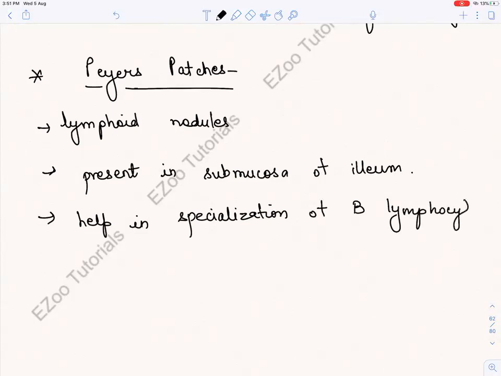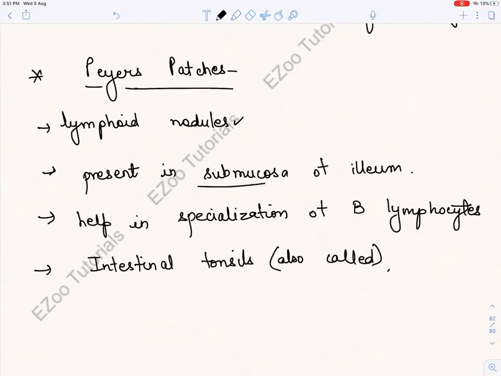Please note it down in your notebook. Since they are lymphatic nodules, like the pharyngeal tonsils we have already done, they are also called intestinal tonsils. Okay, so when we are doing intestinal glands, we'll do all these Paneth cells and all in detail, right? So now you understood. Peyer's patches are lymphatic nodules that are present in the submucosa of the ileum.